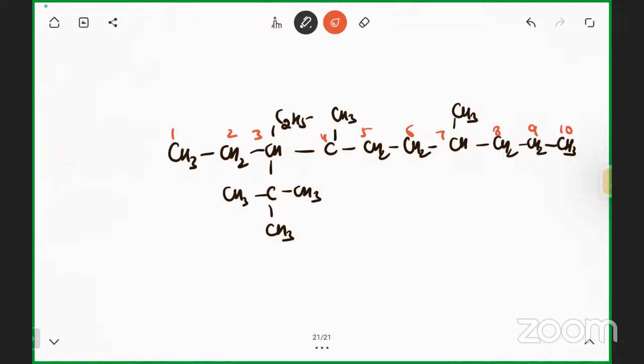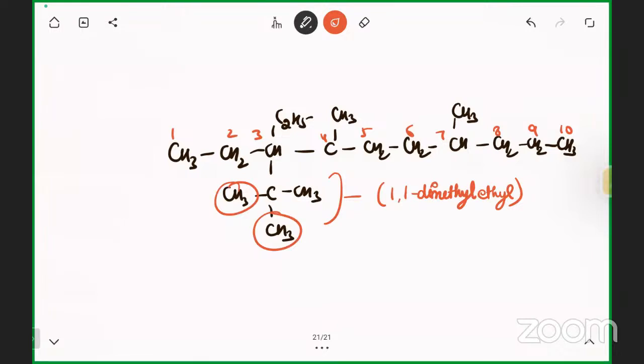Okay, first I'll do the name inside: 1, 1, dimethyl ethyl. So 1, 1, clear? And 2 carbons are there, then I'll write ethyl. I think only one such substituent is there, so that's easy.